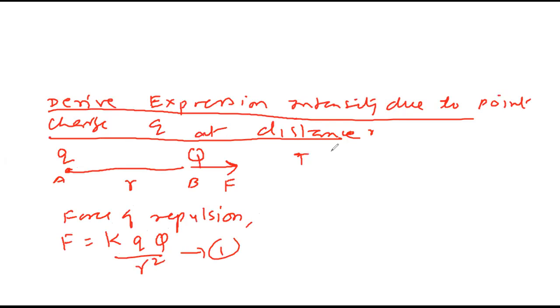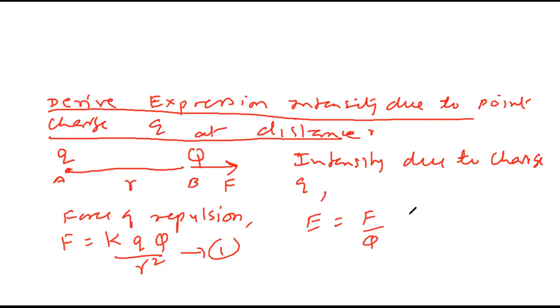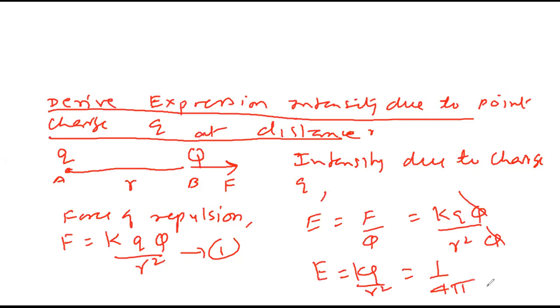So intensity due to charge small q is force acting on capital Q. Force acting on capital Q is kqQ upon r square divided by Q. So intensity is kq upon r square, which is 1 upon 4 pi epsilon naught q by r square. So expression due to point charge q at a distance r is 1 upon 4 pi epsilon naught q by r square.